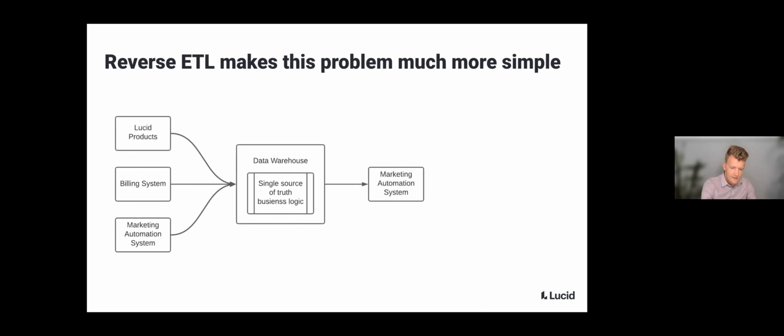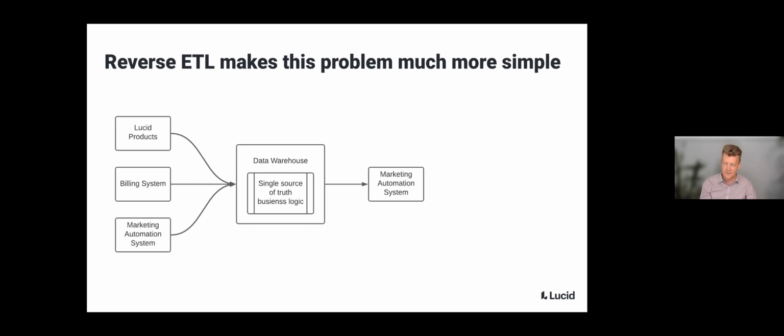So it's probably not a big surprise in a talk about reverse ETL that, surprise, the solution is to use reverse ETL. We take the data that we're already deriving in our data warehouse, and we just combine it to say, okay, what are the factors that should make someone a lead? What are the factors that should make somebody not a lead?